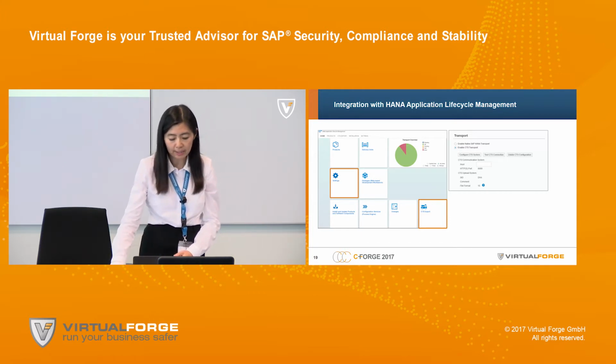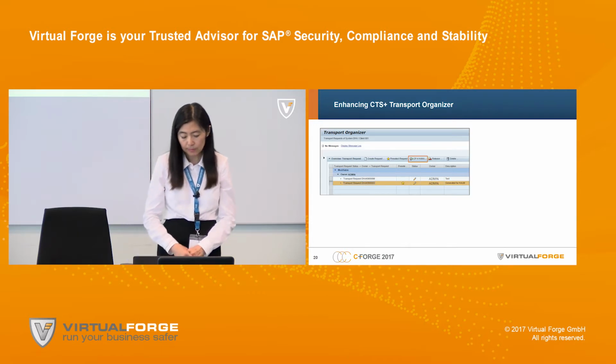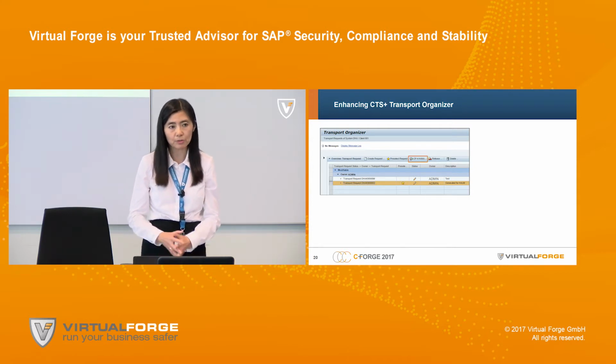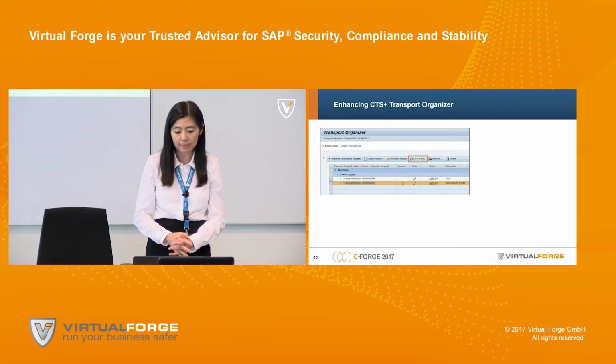And when you start the CTS export, this is where your transport starts. You need a CTS Plus system, and a CTS Plus system is used to transport HANA objects.